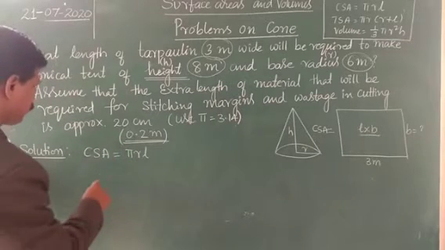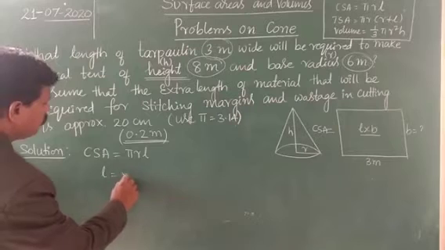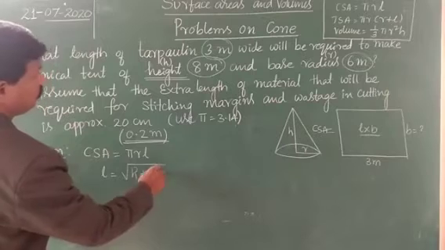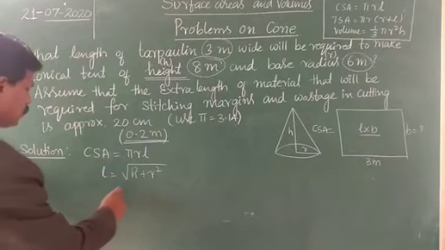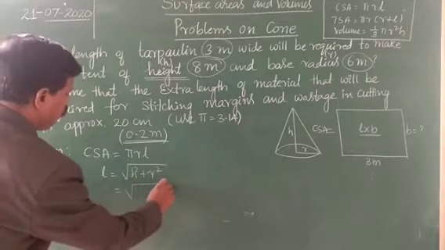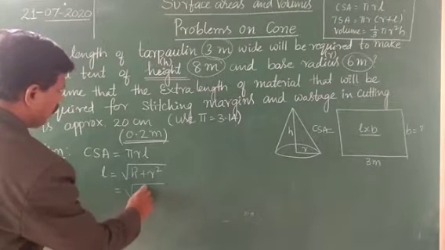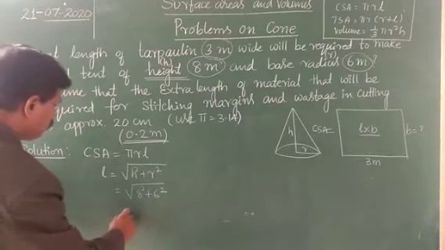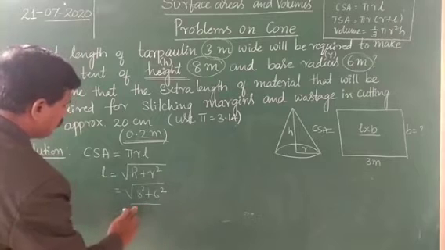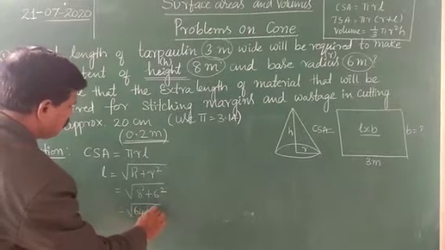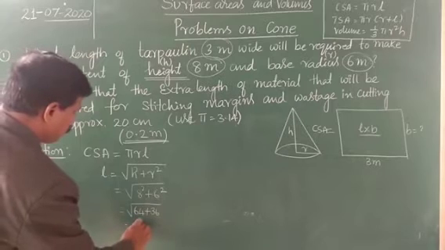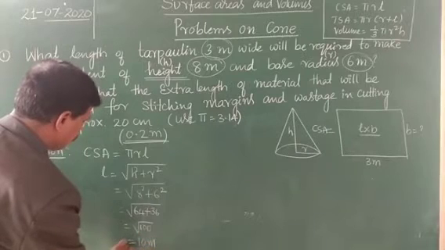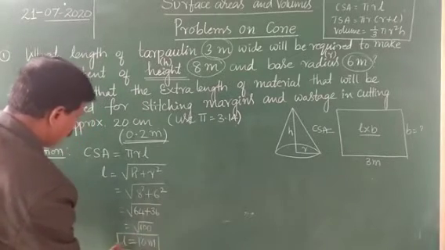So our first work is to find L. L is equal to square root of h square plus r square, that is equal to square root of 8 square plus 6 square, here we will get 64 plus 36, that is equal to square root 100, which is 10 meter. So this is the first step.